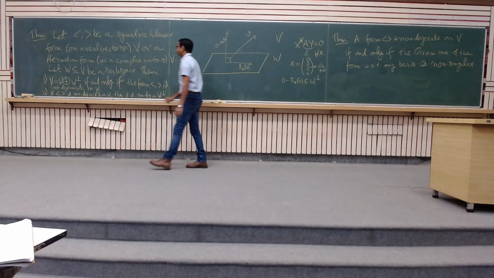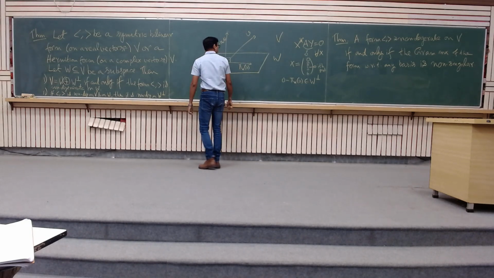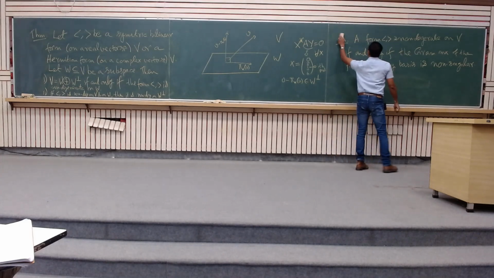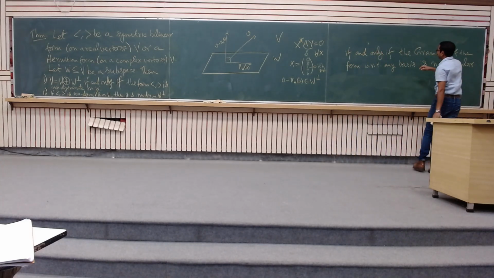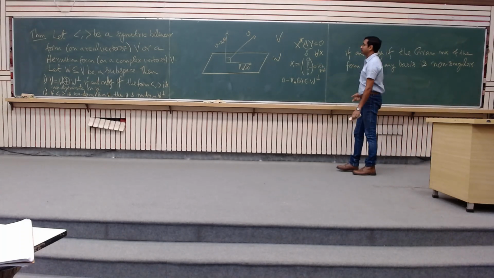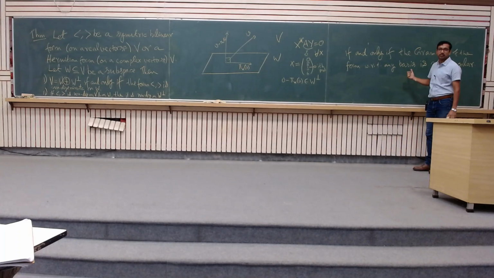Okay. All right. And of course, we are going to use this theorem here. That is, we'll translate non-degeneracy to non-singularity of the Gram matrix with respect to some basis. Okay.